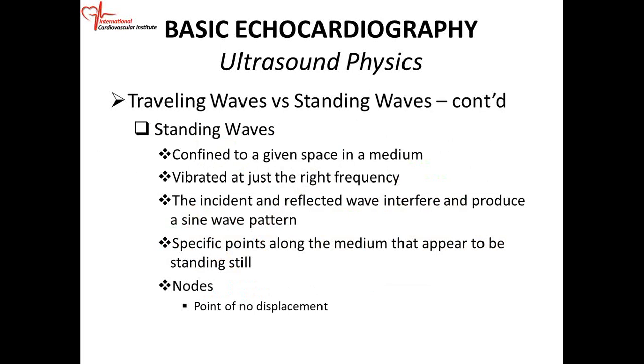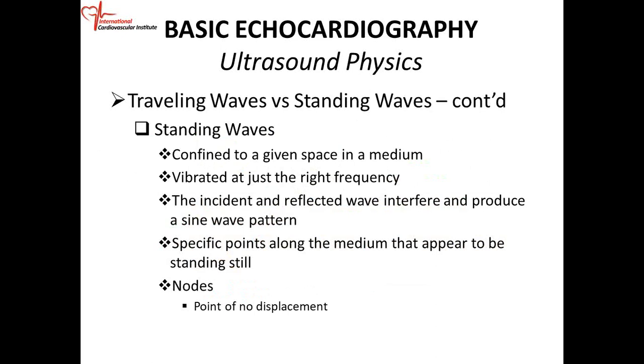So it's not really a wave in the classic sense. It is a sine wave pattern. And when you look at that sine wave pattern, it looks as if it's standing still. It looks like it's not moving. So specific points along the medium appear to be standing still.